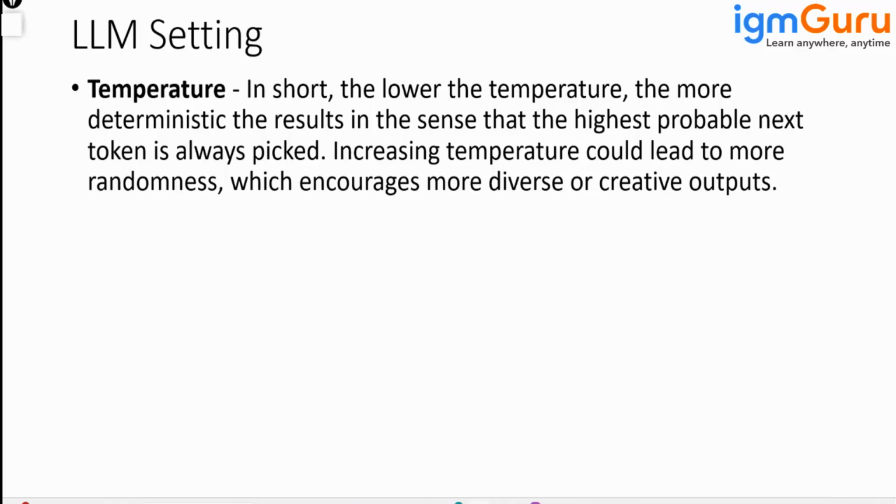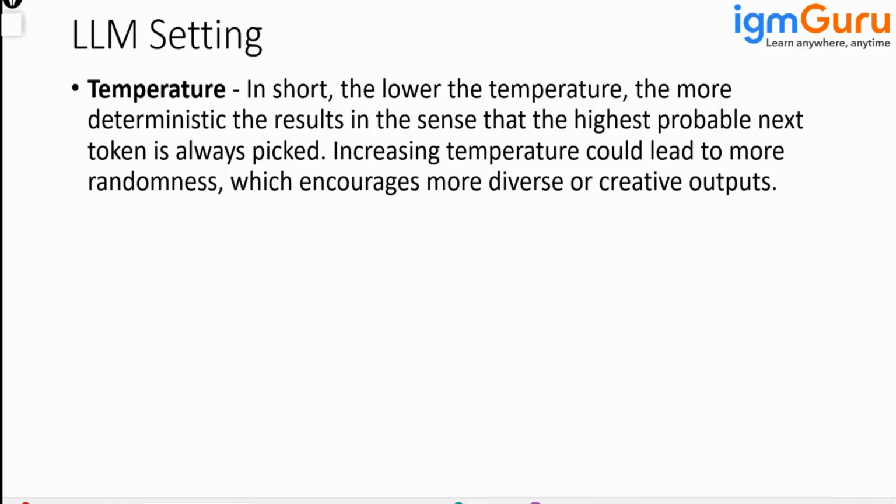But if I lower the temperature, as I mentioned, you will get a more deterministic result, meaning the same result again and again. So now the question comes: when to use the lower temperature? We should lower the temperature when we want a very specific output.